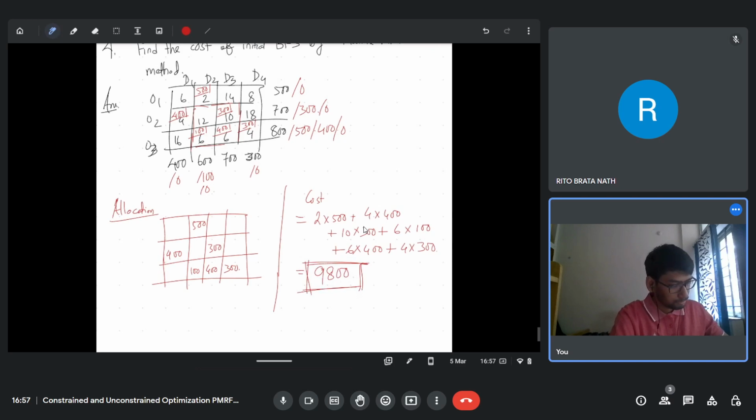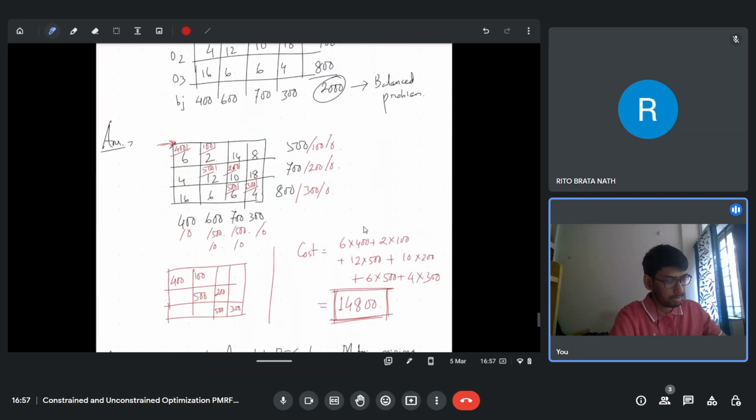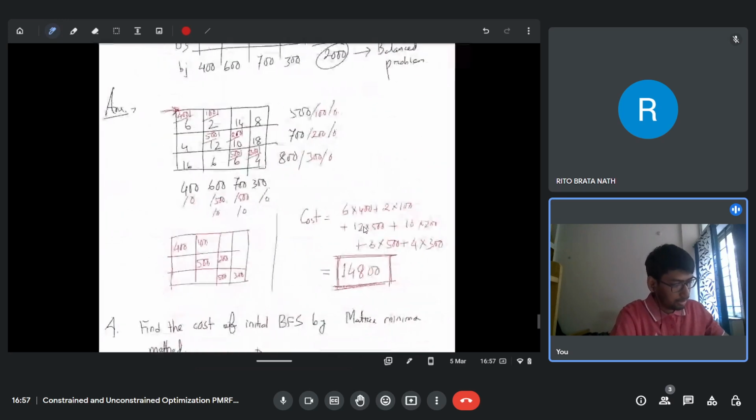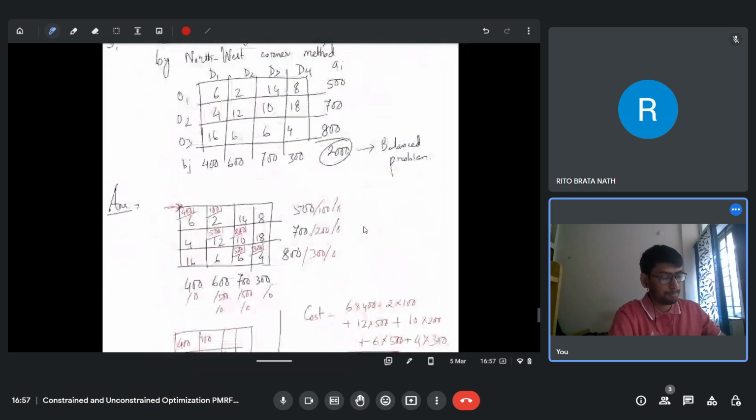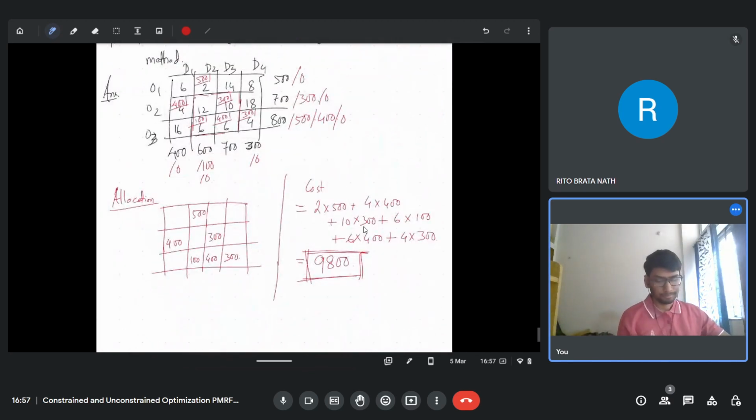In the other method, we got a cost which is higher than this one, so that means this could be a better starting point using the matrix minima method, but it might happen that you'll need steps which are probably equal or more than in the previous method. The optimality thing we'll see in the next class, since I've run out of time.